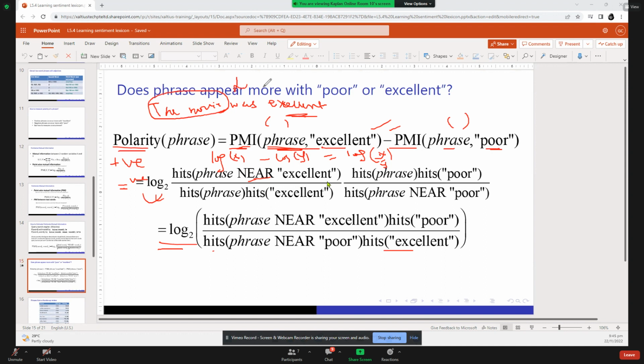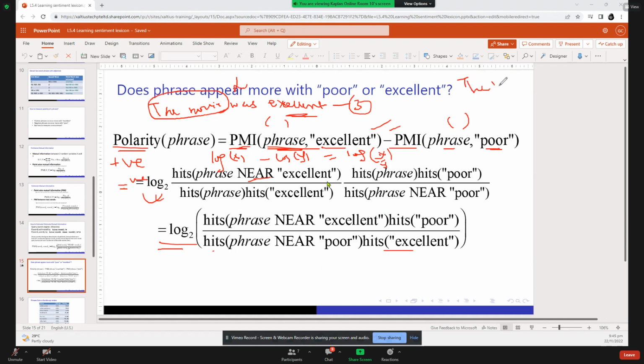So near means that we have a keyword like excellent, and we are finding how many words are in between the phrase and the excellent. So you are telling that near means any word which is three words near to excellent.